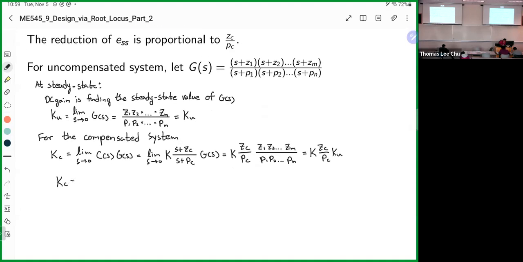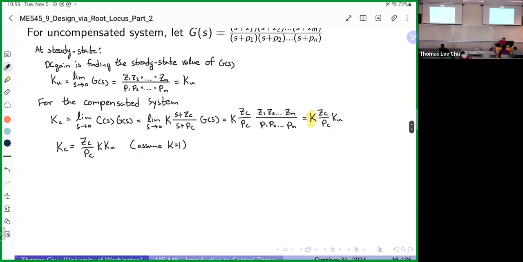So KC is equal to ZC over PC divided by K times KU. And I wouldn't worry too much about this K here, because this K is just dependent on where we want our closed loop poles to be. So let's just assume it's a constant, K equal to 1 just for this analysis.